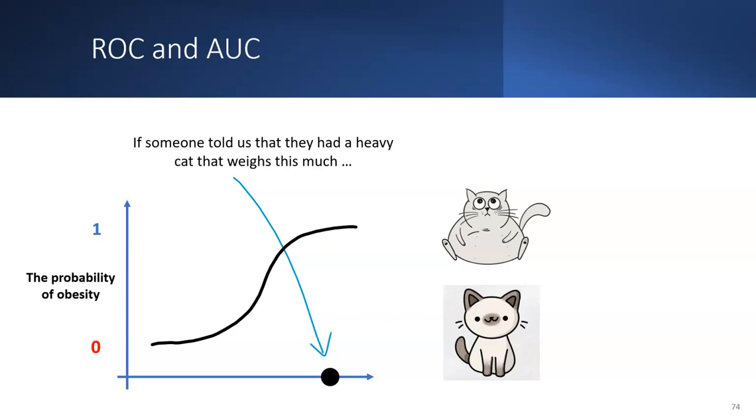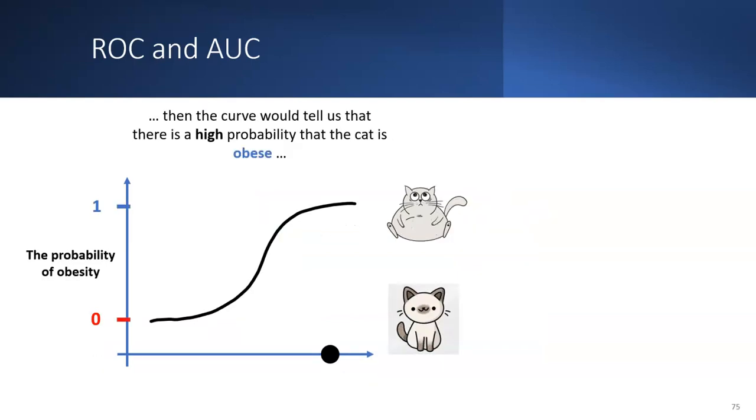If someone told us that they have a heavy cat that weighs this much, what is the output here? The curve would tell us that there is a high probability that the cat is obese.